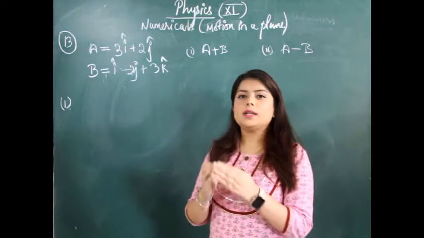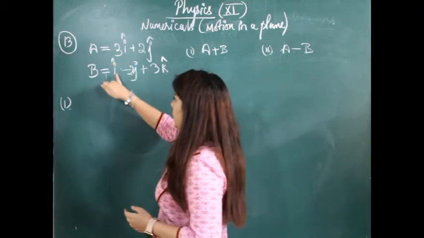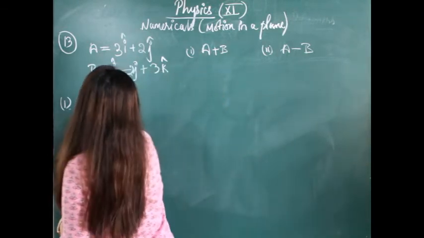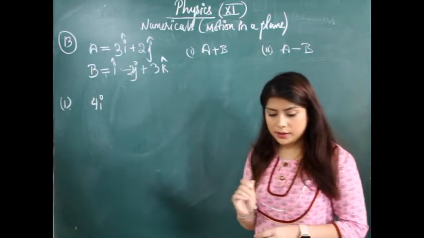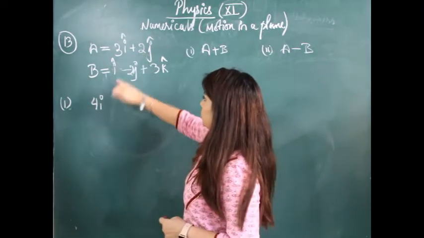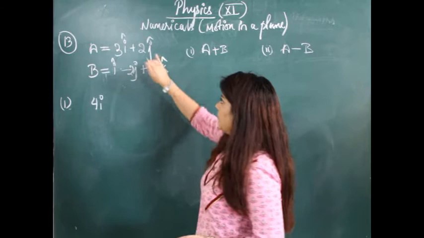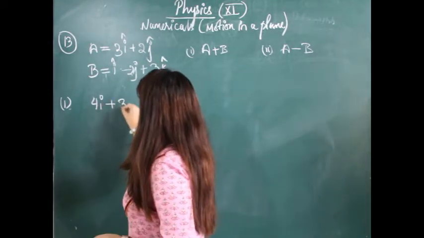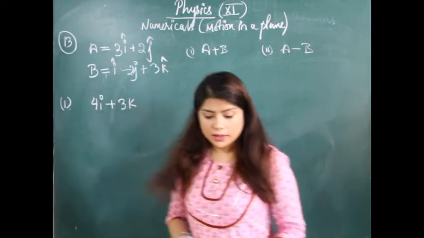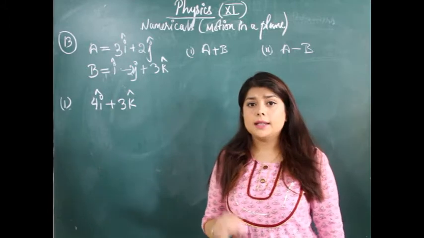So only the same axis can be added. 3 plus 1 will be 4i. Then 2 minus 2 is 0, no need to write. For k, only 3 is there, so it will be 3k. So 4i plus 3k is the vector.